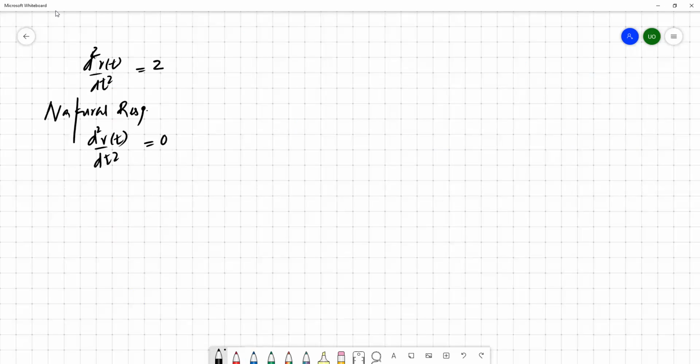Then the characteristic equation is this. Here you have 0 as a root.